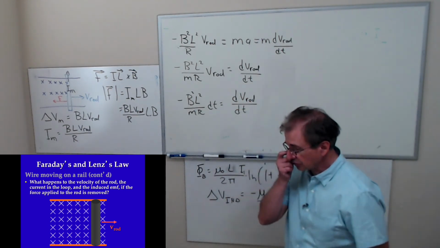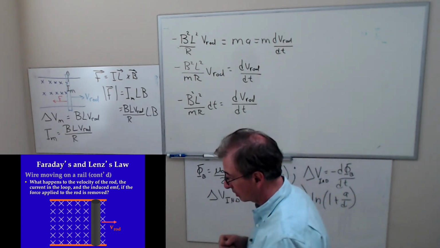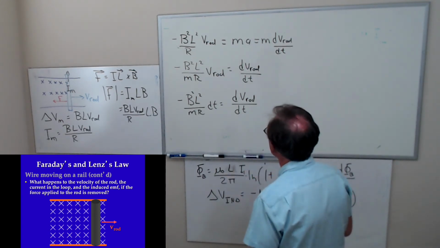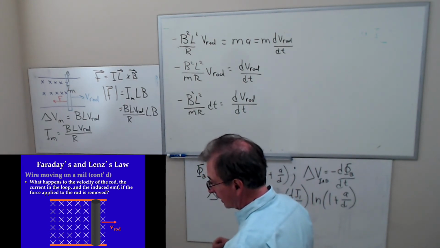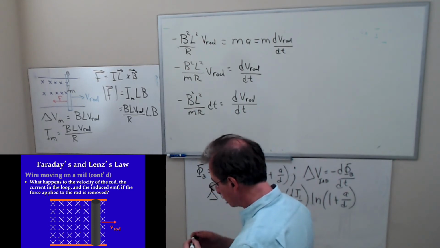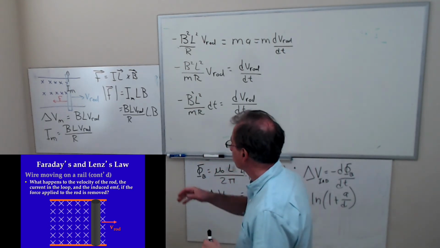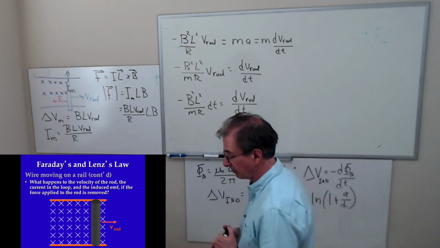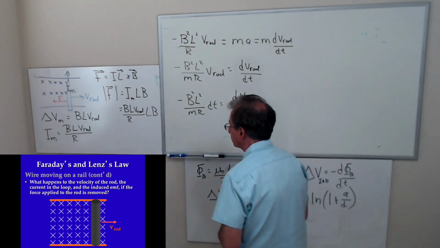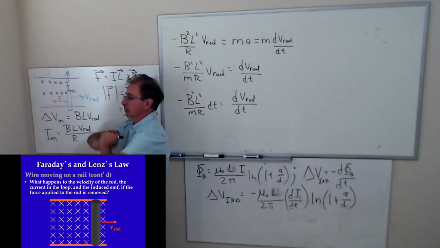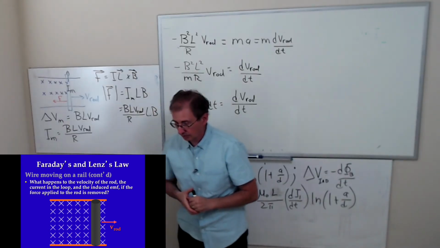So the question was, how do I know that? A couple of questions. Number one, how do we know that the velocity decreases? And we made this argument this morning. If the velocity increases, what happens? If I give it a push and then the thing accelerates, what does that mean?